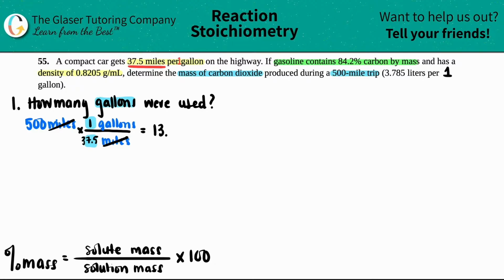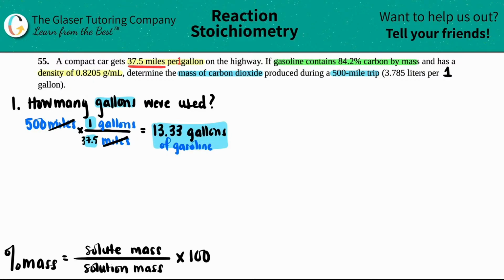So now we know that this whole entire trip cost this car 13.33 gallons. Now, gallons of what? We kind of said it earlier, right? It's gallons of gasoline. Okay. So first part done. I guess I'll highlight this because we're going to come back to this answer.